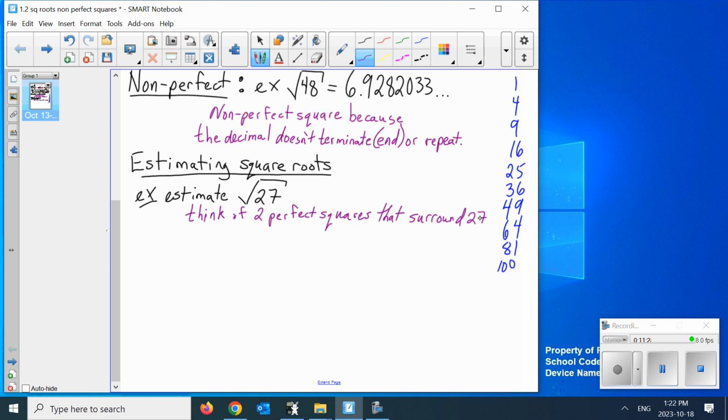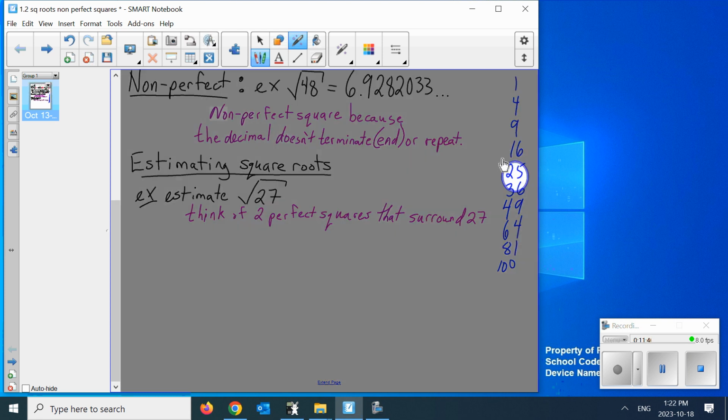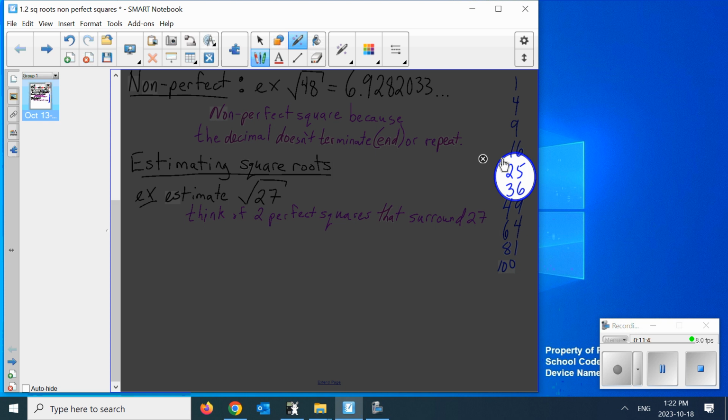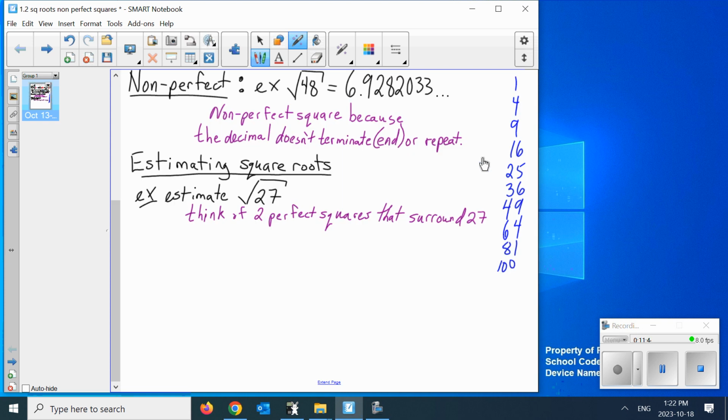So, yes. 25 and 36. Exactly. So 27 is between those two perfect squares, right? 25 and 36, and it is closer to the 25. So I'm going to use a number line, and you're going to have to know how to do this.